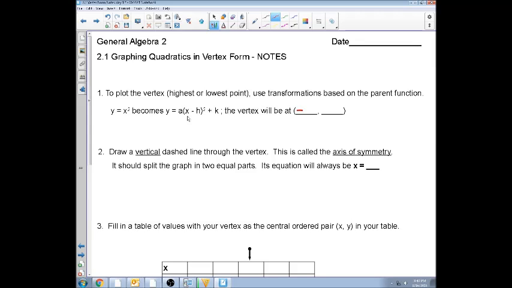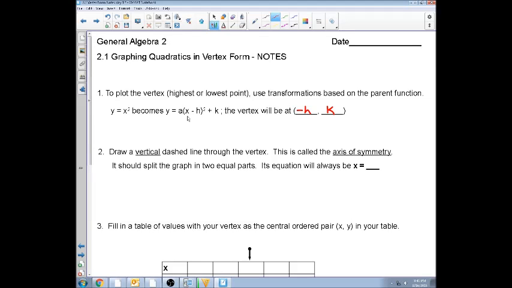So our x value for our vertex will be the opposite of h. If it's a positive inside the parenthesis, we would use a negative h. If it's a negative inside the parenthesis, we would use a positive h. And the y value that we'll use for our vertex will be the k value. You'll see that in a little bit. It should be a little easier to understand here in a second.